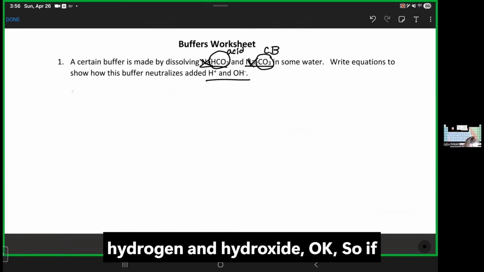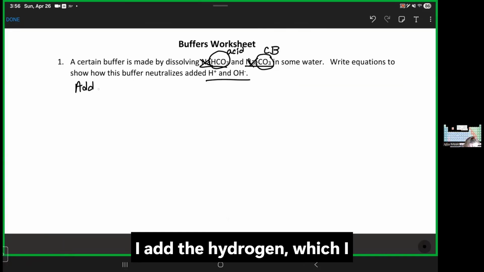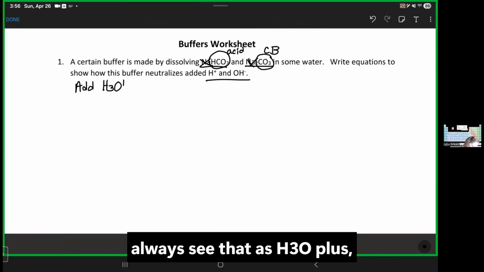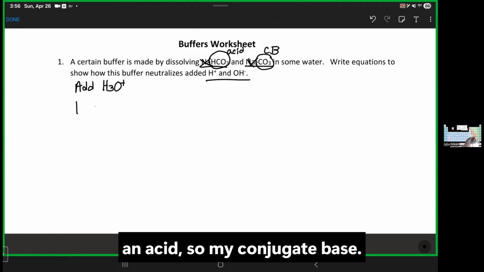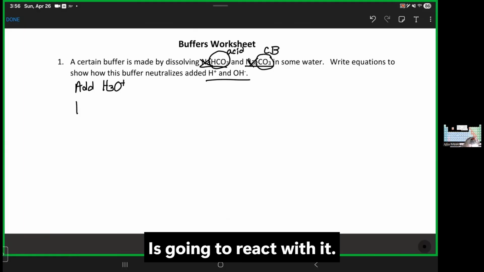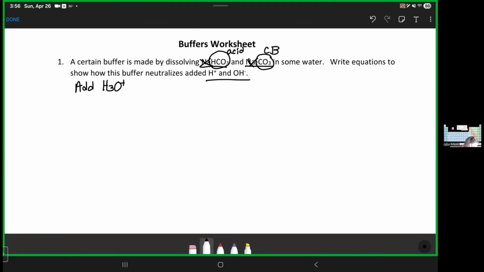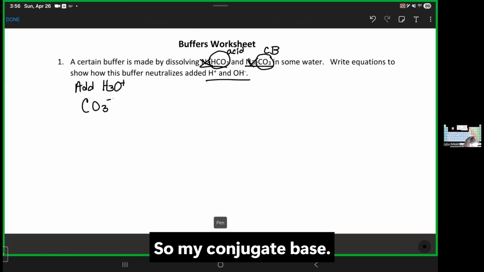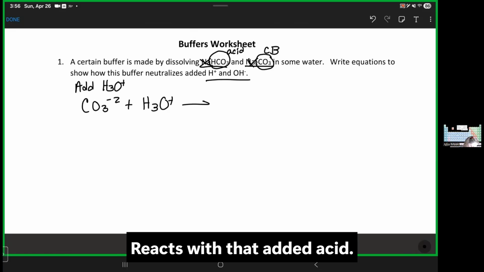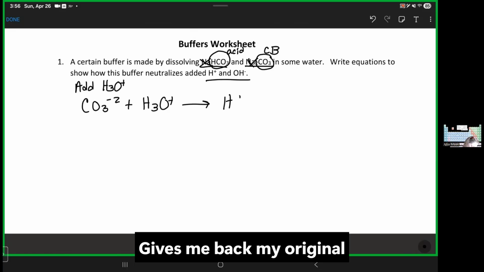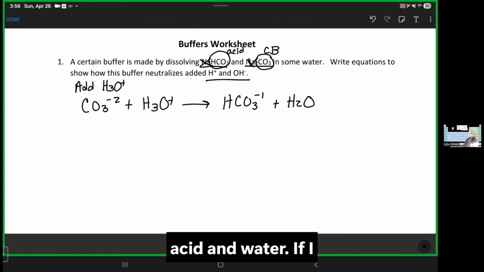If I add the hydrogen, which I always see as H3O plus, same thing, right? So that's an acid, so my conjugate base is going to react with it. My conjugate base reacts with that added acid and gives me back my original acid and water.